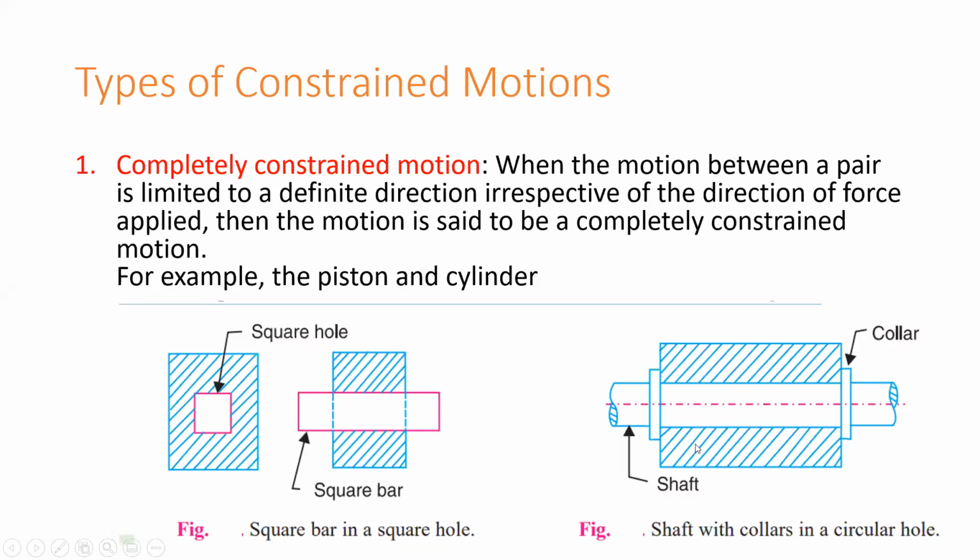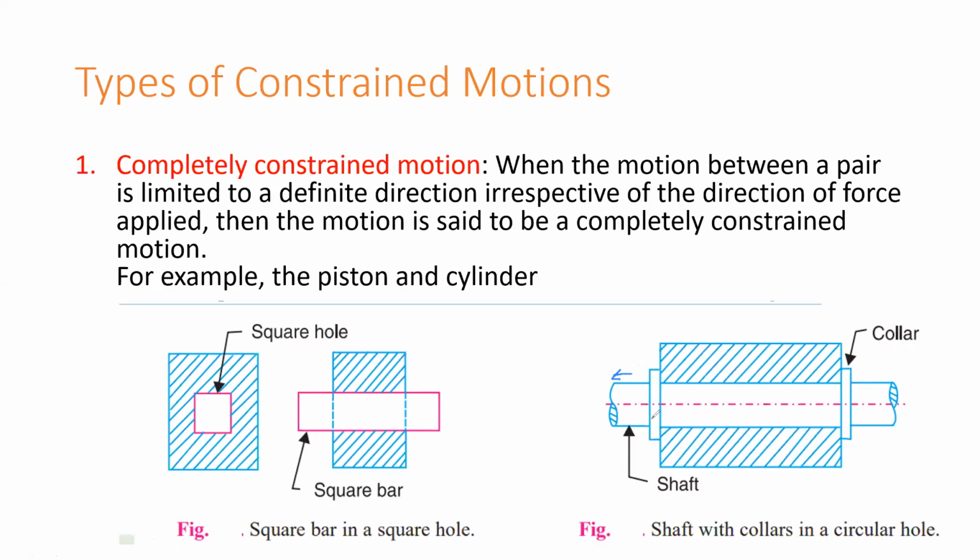Here, see, a shaft is rotating in a circular hole. The shaft can only rotate. But when the shaft tries to slide in this direction, what will happen?